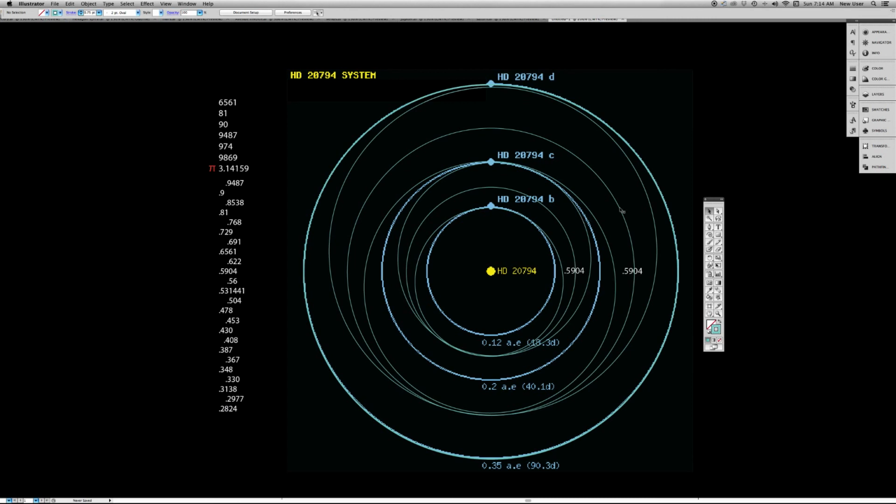I make that one unnecessary and that one unnecessary. Minimum transfer circle diagram. 3 orbits, 5904 system.